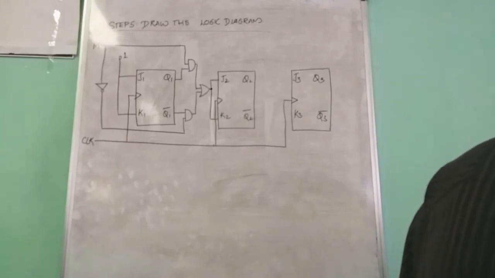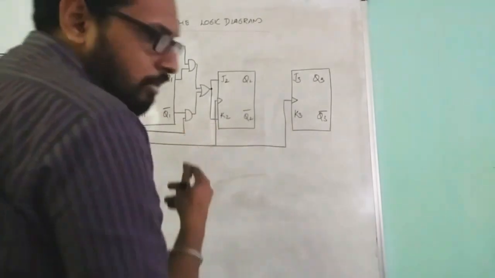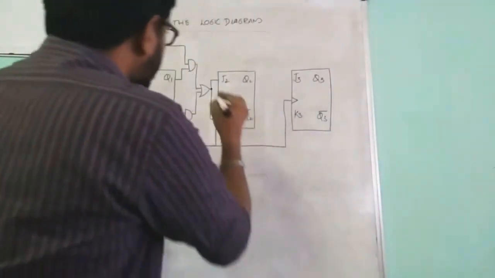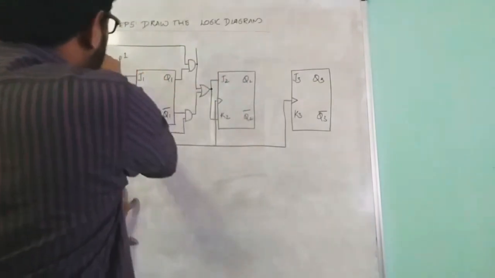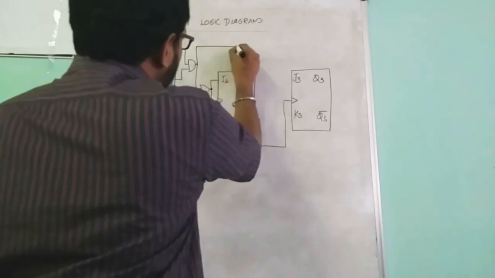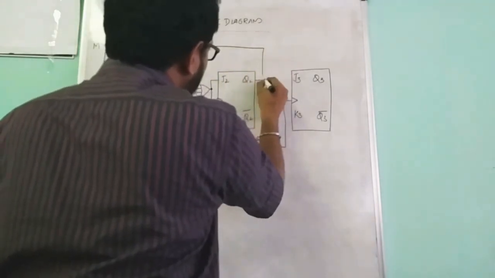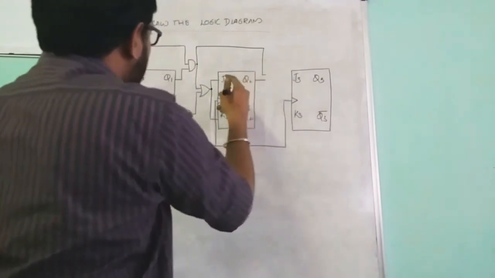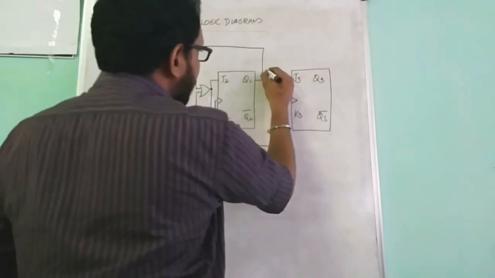So what we need to do is take this one, this is Q1 M, and this means we have Q1 M and Q2, right?